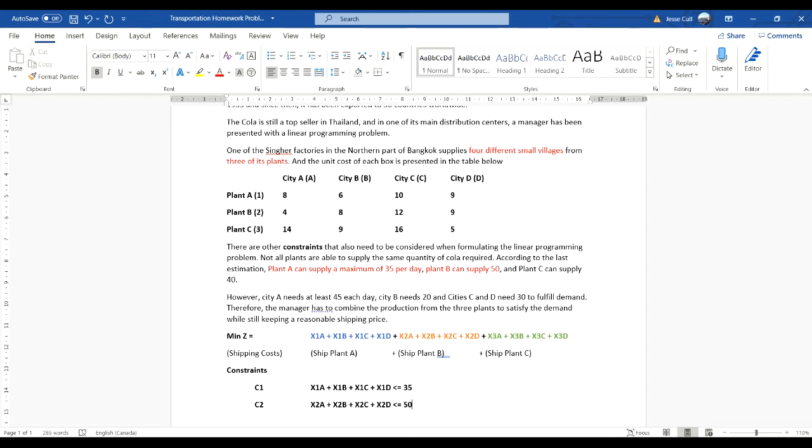That's what we've seen. Everything shipped from plant B, number 2, must total less than or equal to 50. That's all they can produce.